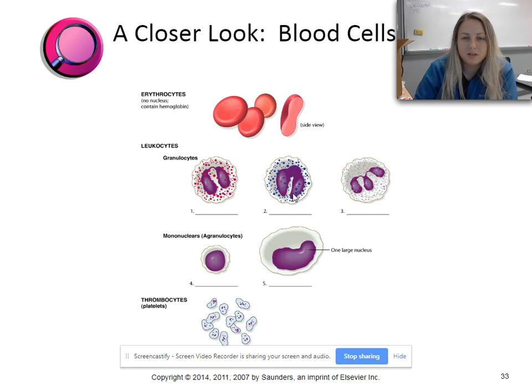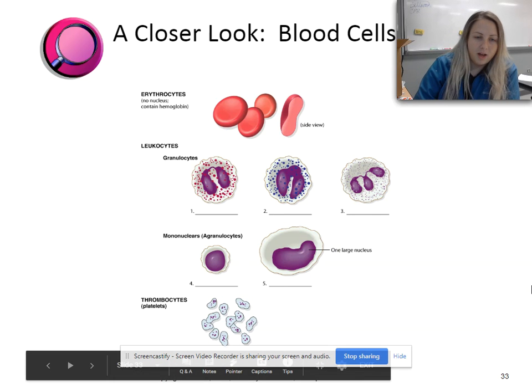This is a basophil. And this is a neutrophil. Okay. And then you have your mononuclears. All right. So these have 1 nucleus, whereas these have multiple, right? They can have 2, 3, whatever. Okay. And then you have thrombocytes, which are these down at the bottom.